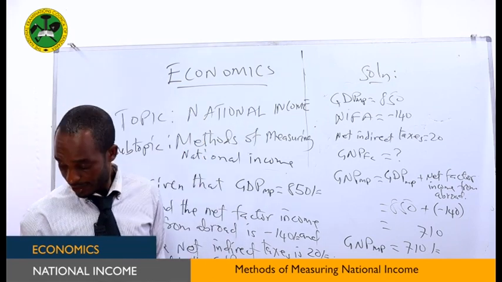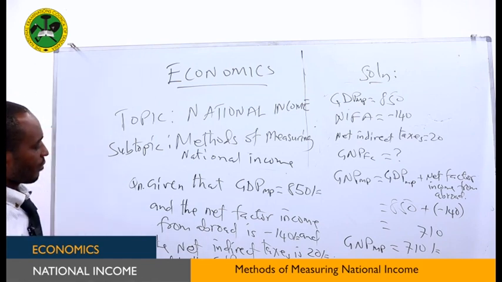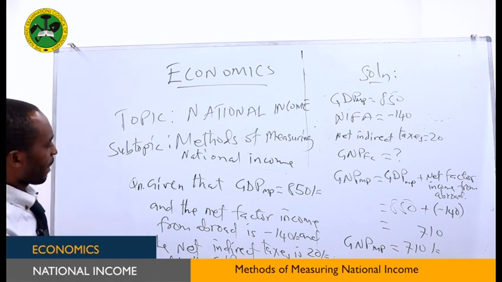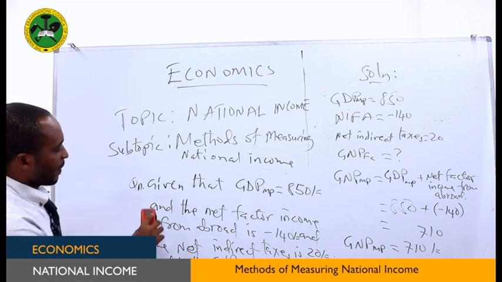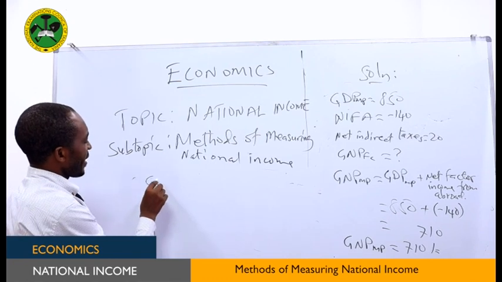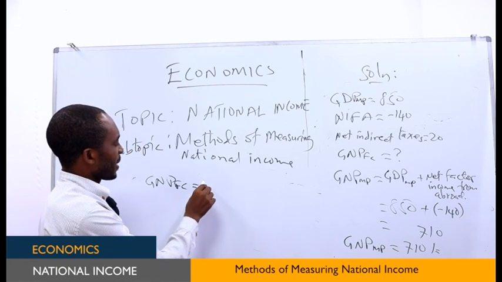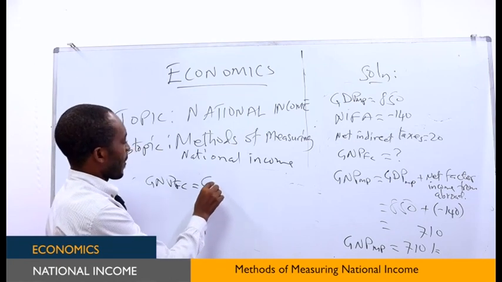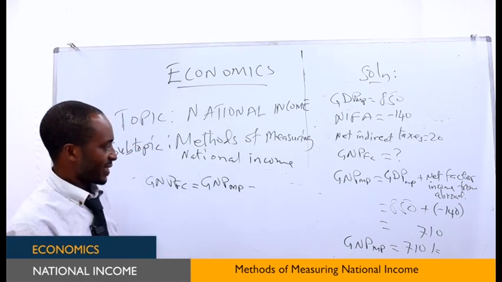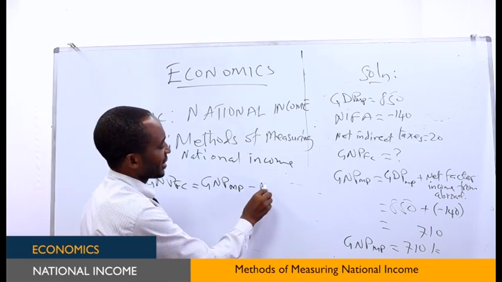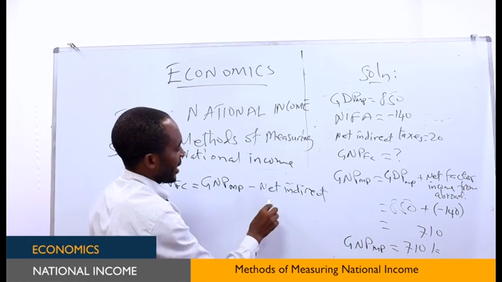Now the GNP at factor cost will be equal to, I hope you take a note in this problem, GNP at market price less, or you subtract, net indirect taxes.